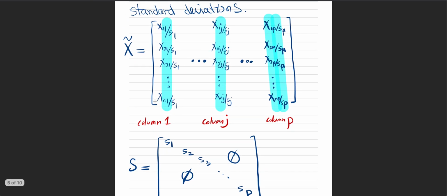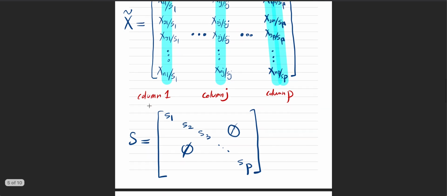Let's see if we can write a matrix multiplication into X that gives us X tilde, and that is obtained by having this matrix S, which is a diagonal matrix, S1, S2, S3 to SP.